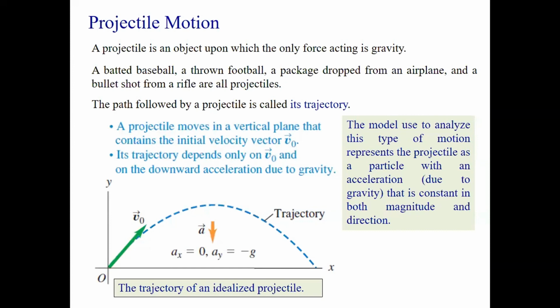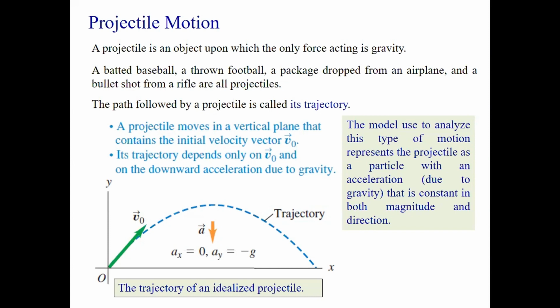It goes up to a certain point and then comes back and falls on Earth. The whole trajectory is very similar to a parabola. However, there are other things to be studied, so we go through them one by one.